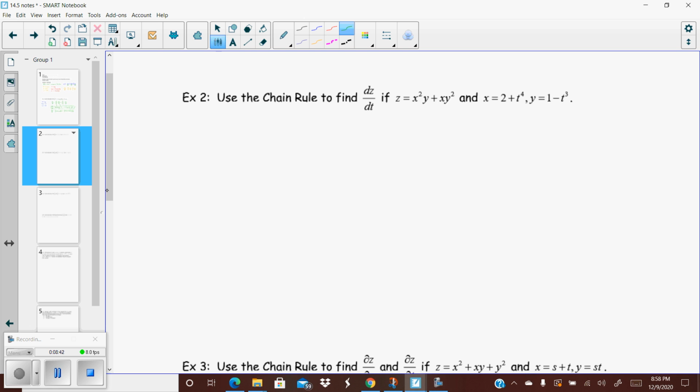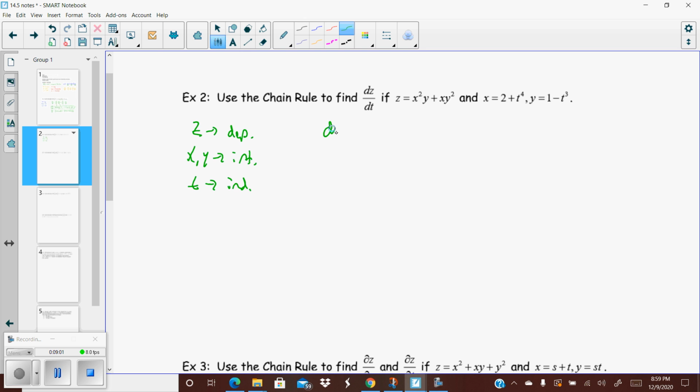Use the chain rule to find dz dt. Same idea. So in this case, z is dependent. X and y, once again, are intermediate. And t is your independent variable.